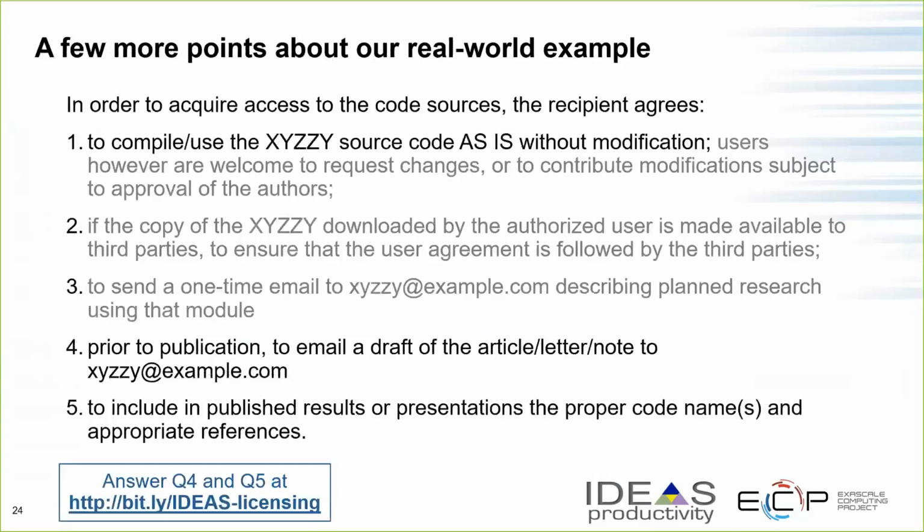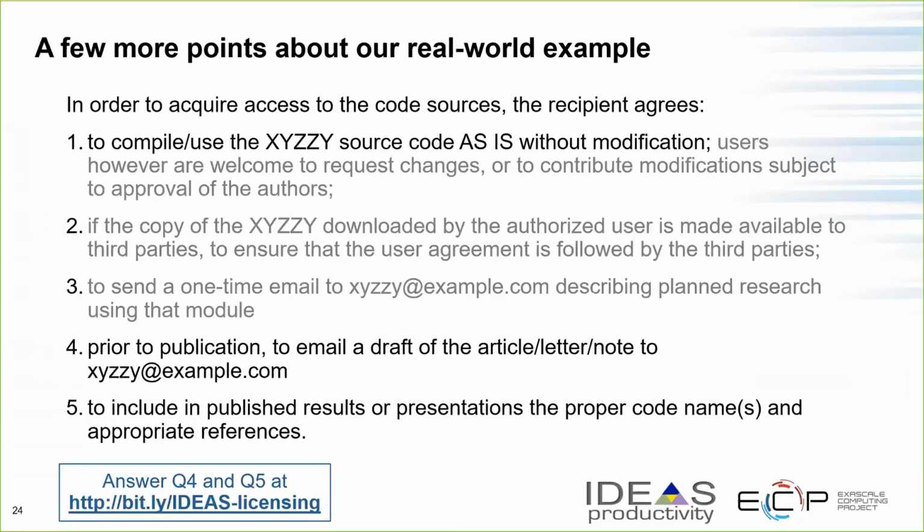Now I want to go back to our real-world licensing example and look at the last two clauses that we kind of ignored before, and see if you have some thoughts about why they might have been added to the license. So these are questions 4 and 5 in the Q&A sheet.